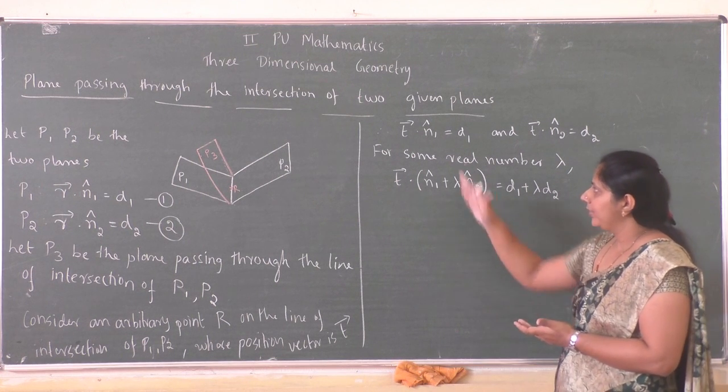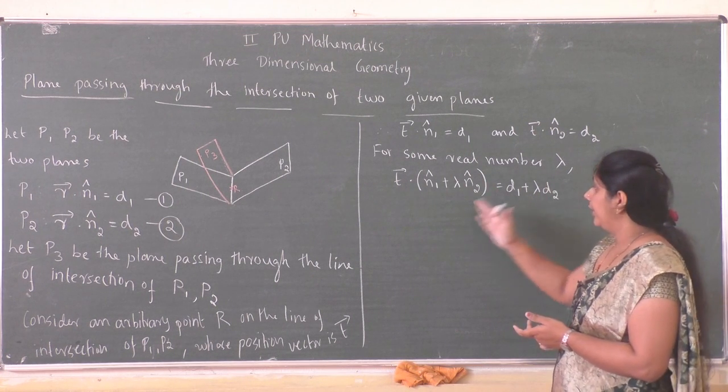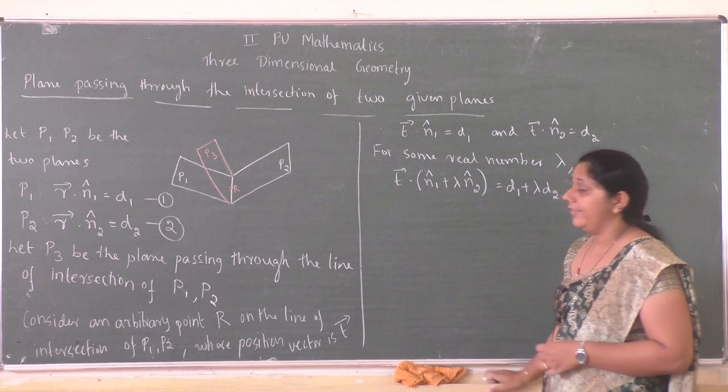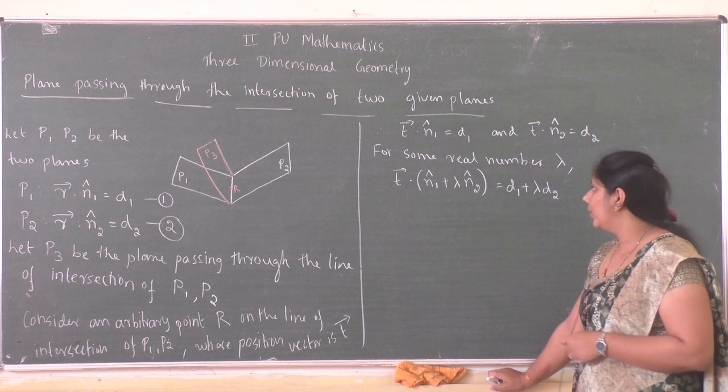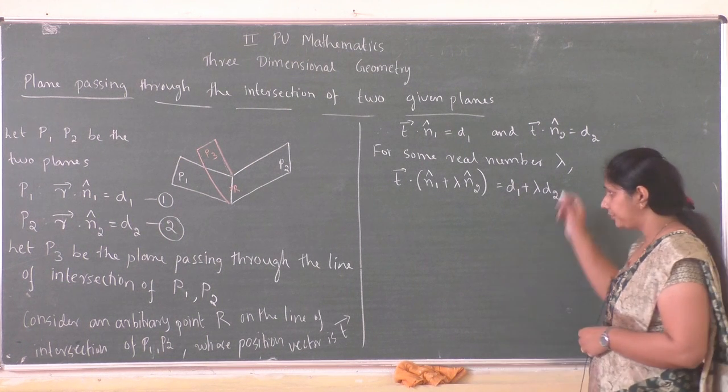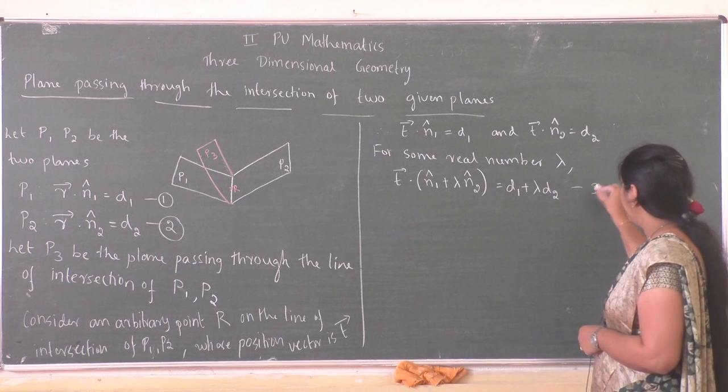In the same way, for some real number lambda you can write the given equation as T vector dot n1 cap plus lambda times n2 cap is equal to d1 plus lambda times d2. So I will take this as equation 3.